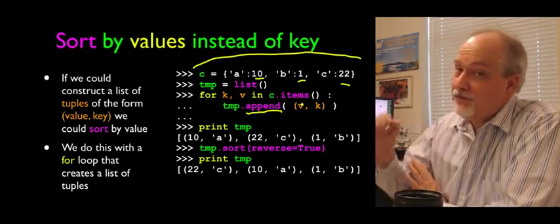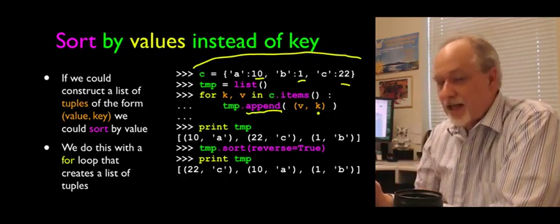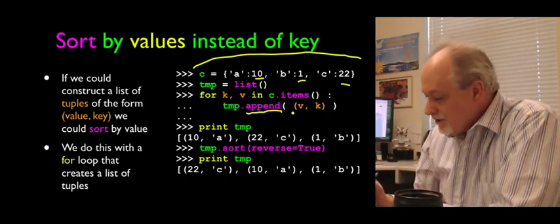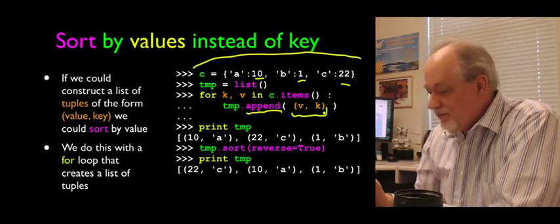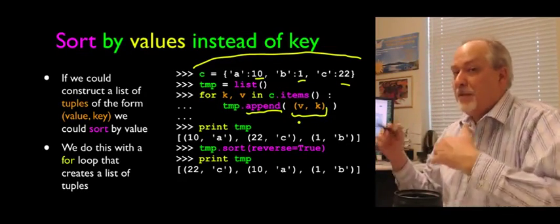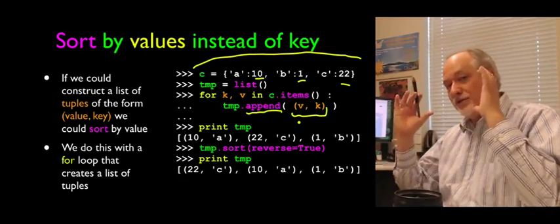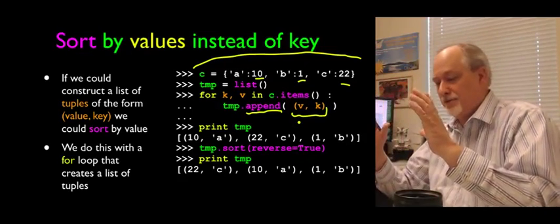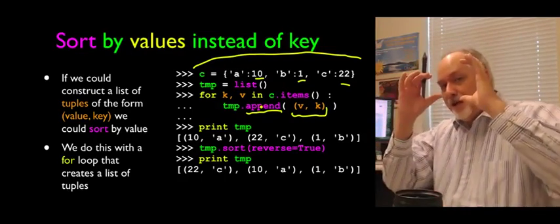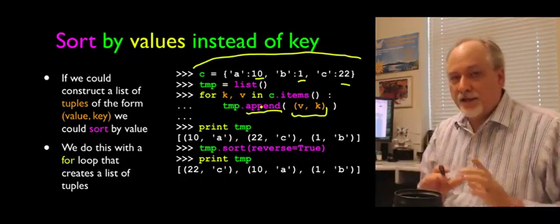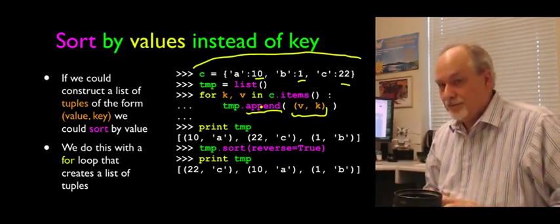So we make the value first and the key second in this tuple. So this syntax here of parenthesis v comma k means make a 2-tuple with values from the v and k variables, and append it to the list. So you're going to end up with a list of 2-tuples.